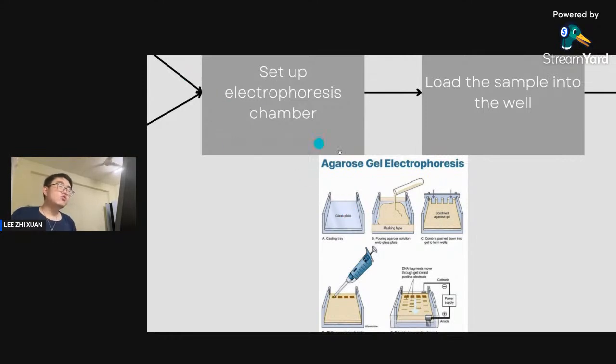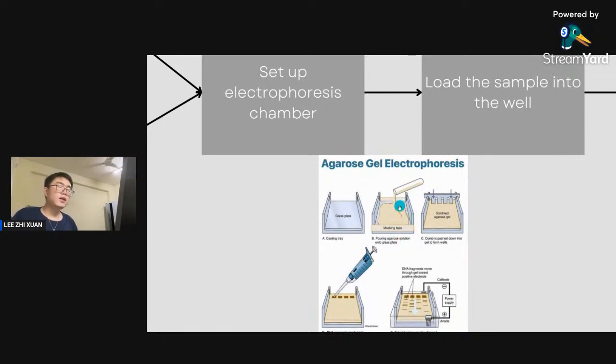After you prepare the gel, you can pour the gel into it. This one is horizontal. There are two types, either horizontal or vertical. Vertical looks like this. Horizontal is like the picture. This one is horizontal.